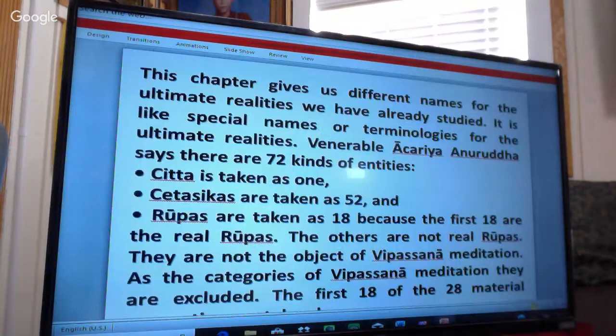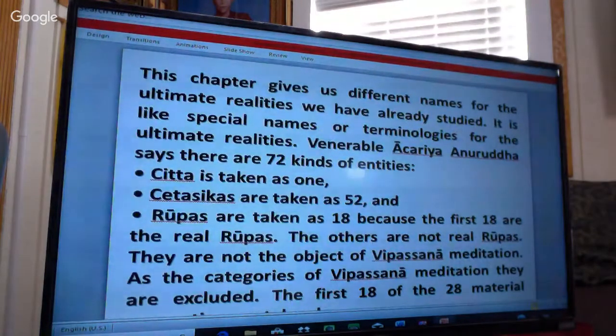First we need the different names. Before the different names, how do we calculate the previous phenomena? Mind is altogether 82 kinds, but it is 121 kinds of mind.